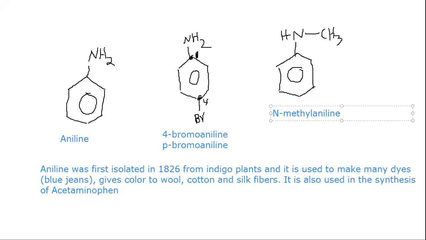N-methyl. Why is it N-methyl? Because clearly you guys can see the methyl group is attached to nitrogen. So it's N-methyl. But nitrogen is still attached to the benzene ring, so it's aniline.